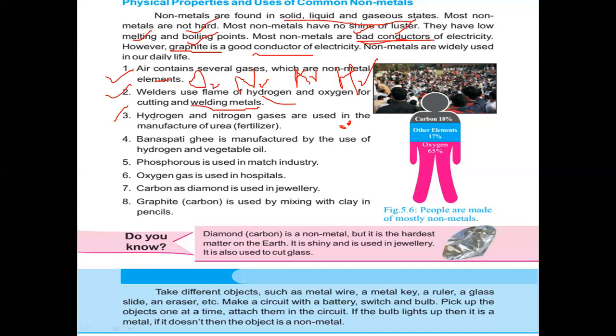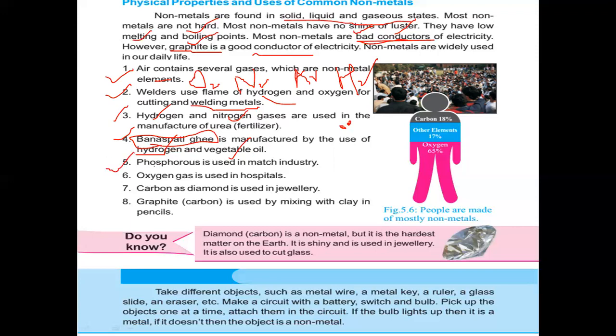Number four, vanaspati ghee is manufactured by the use of hydrogen and vegetable oil. We pass hydrogen gas through the vegetable oil we use for cooking, and it turns into a solid ghee-like structure, meaning solid fats.